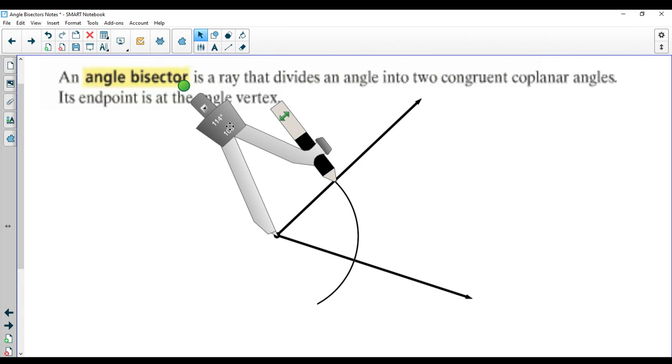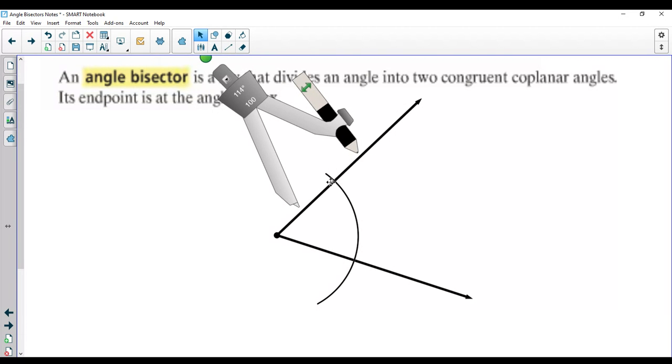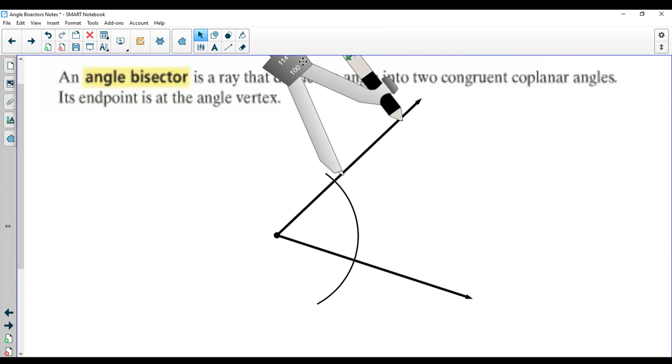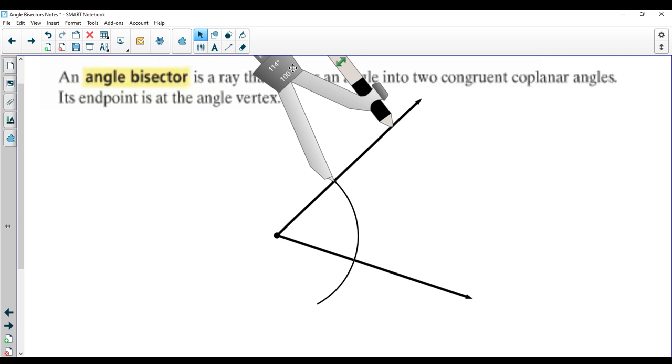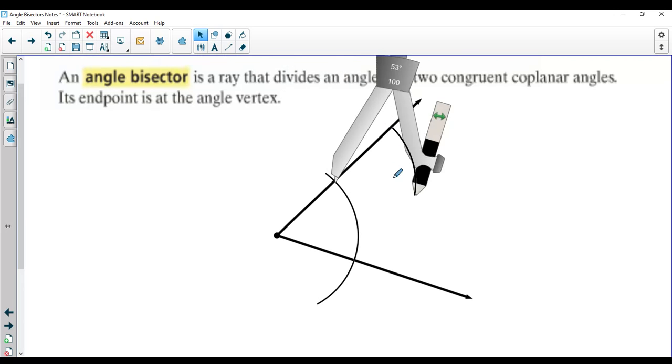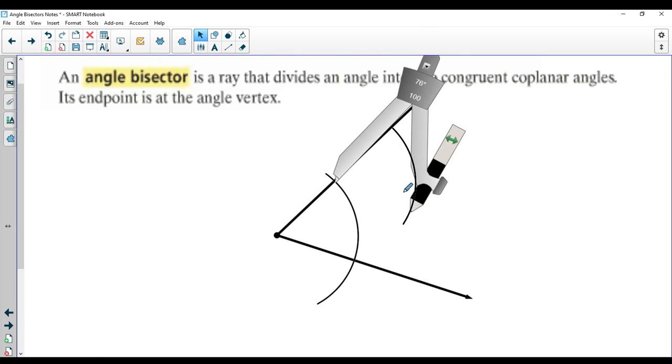Okay, so now notice that we've got an intersection point here and here. I'm going to put my compass needle on one of those intersections, and then I'm going to draw a piece of an arc.